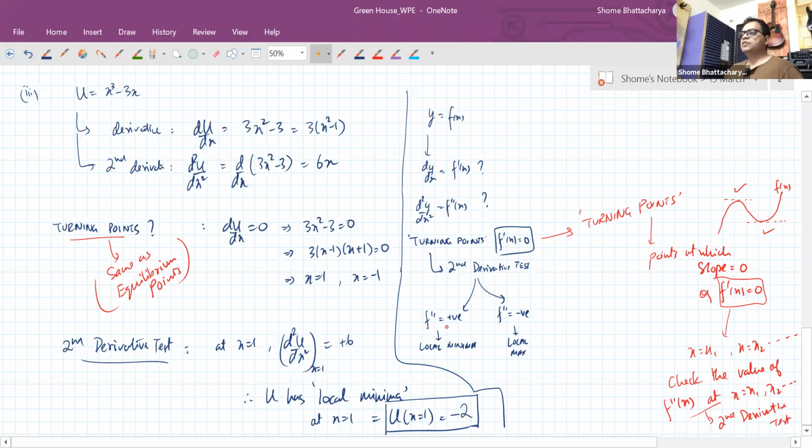If the value of the second derivative comes out to be positive, then that turning point has a local minima, like this point over here. This point is having a minima, whereas this point is having a local maxima. So second derivative should be negative at local maxima.